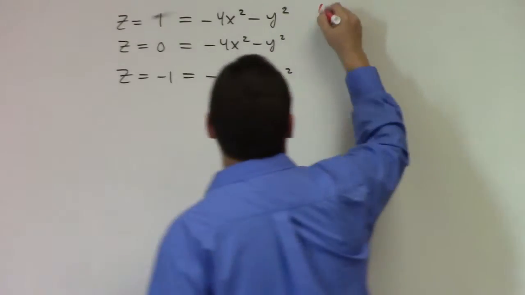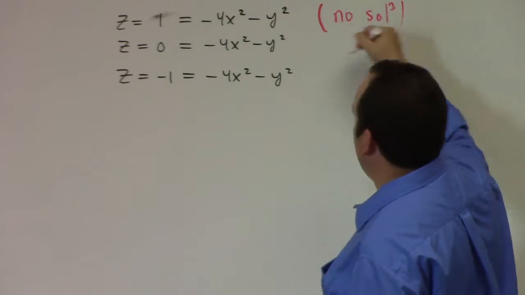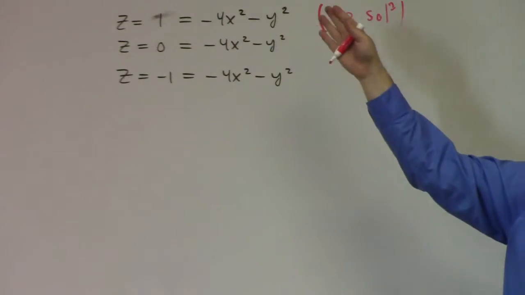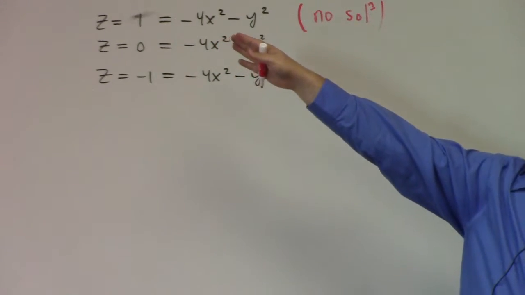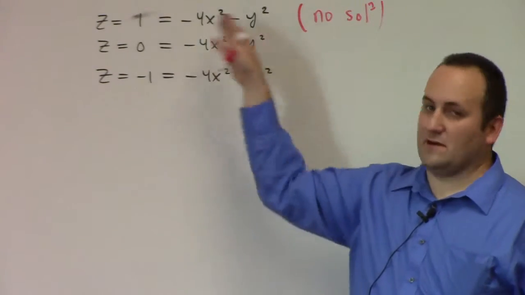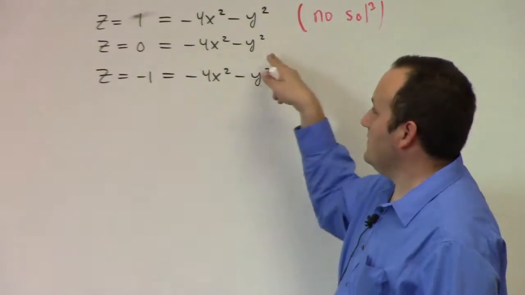No solution, right? Why? You have the sum of negative things equal to a positive thing. There's no way you can get a solution here because we have negative equals positive. There's no real solution. This one, there's one solution. What is it?